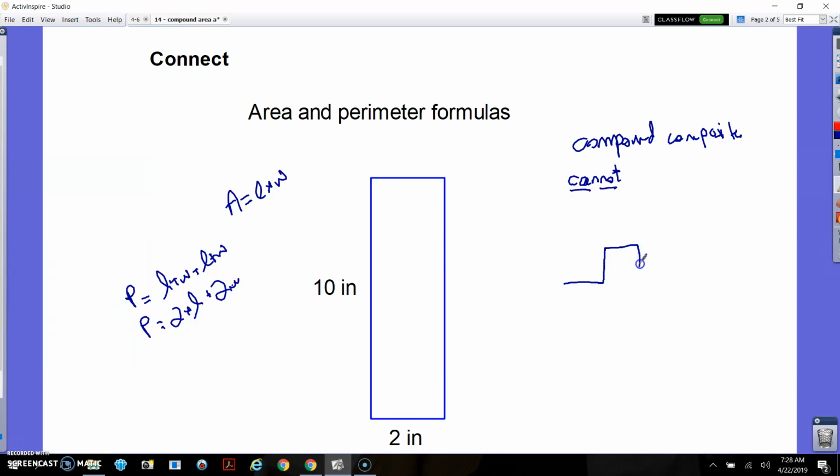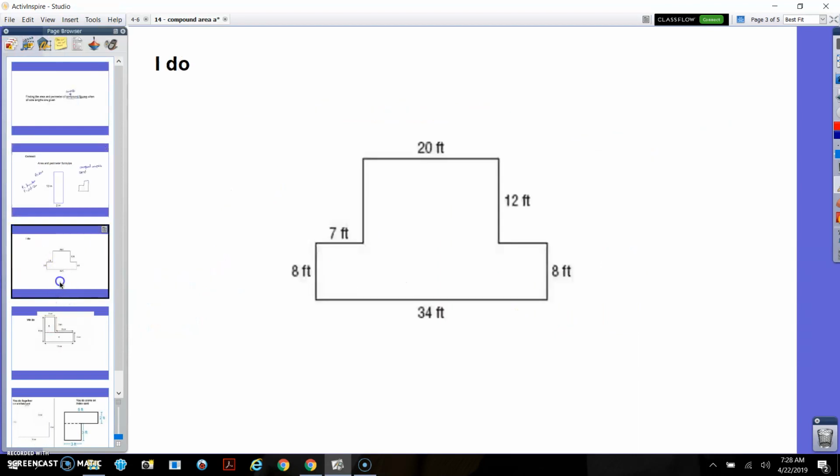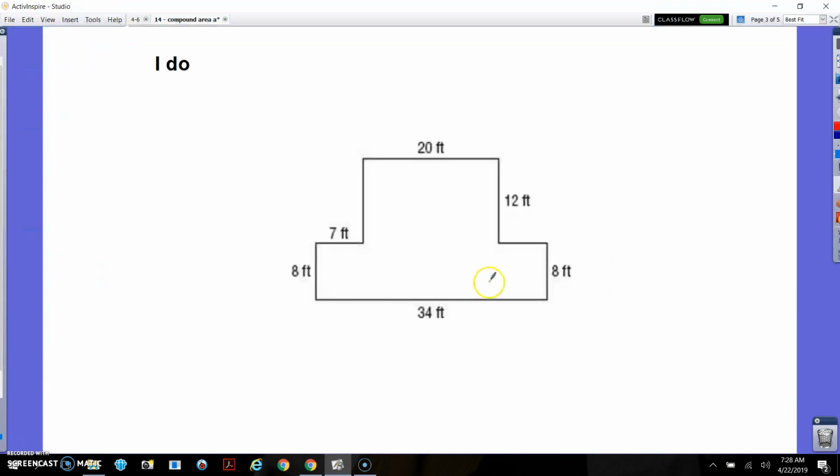So something that looks like this is what we're going to find area and perimeter of today, where you could think of it as being 2 different rectangular figures. We're going to work on those. So speaking of, let's do one. Here you go. Let's find the area and the perimeter of this thing.